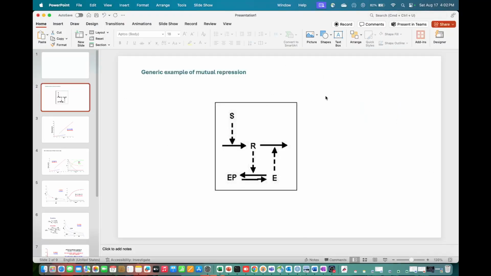So this is a generic example of a mutual repression. As you can see, S is an enzyme here which helps in generating R, which in turn is positively regulating this dephosphorylation process, EP to E. And once this E is formed, E is positively regulating the degradation of R. So it's a case of mutual repression, because the more the R, the more EP will be converted to E, and the more R will be repressed.